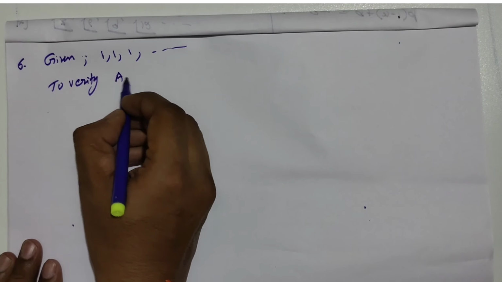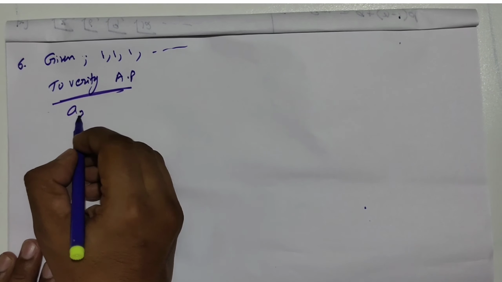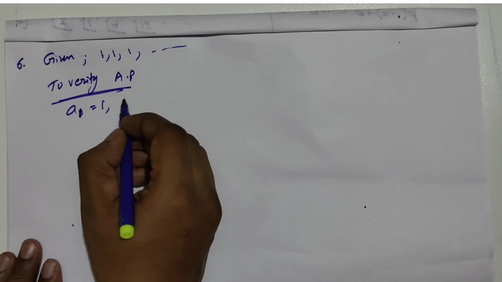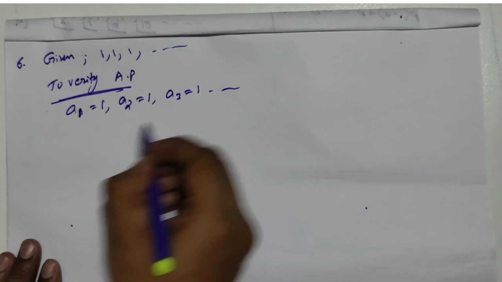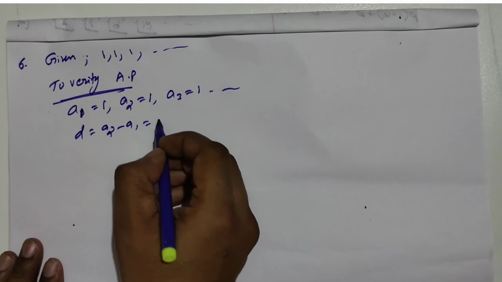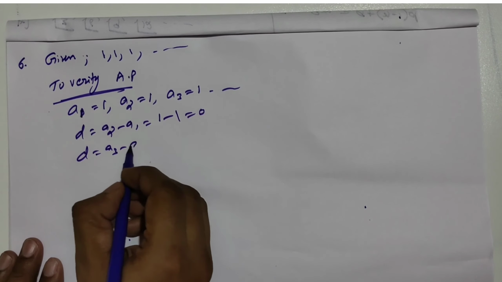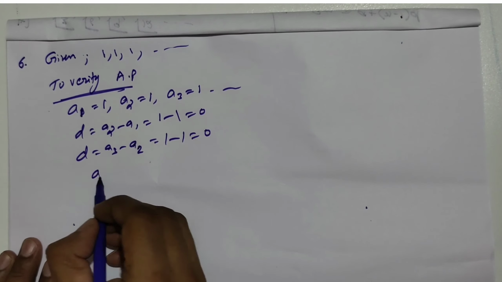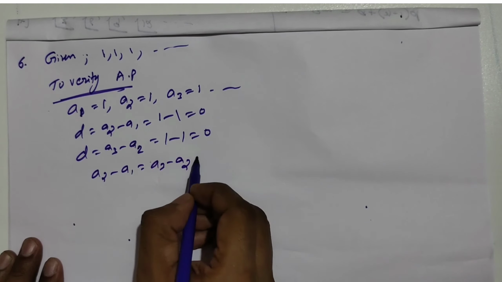For AP, we have A1 = 1, A2 = 1 and A3 = 1 and so on. So find common differences. A2 minus A1, 1 minus 1 is 0, and again A3 minus A2, that is also 1 minus 1 is 0. Hence A2 minus A1 is equal to A3 minus A2.